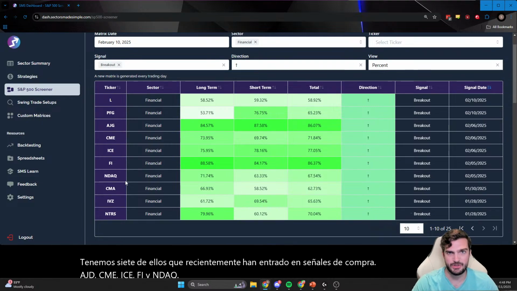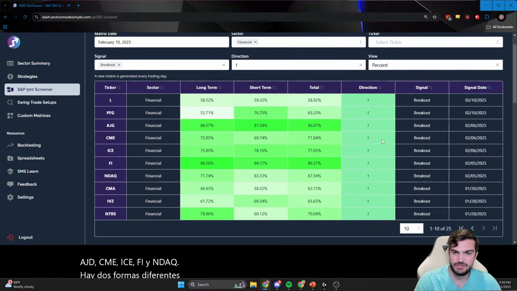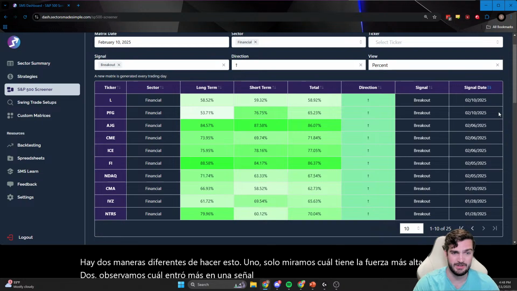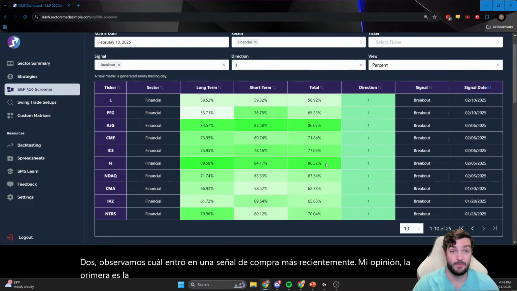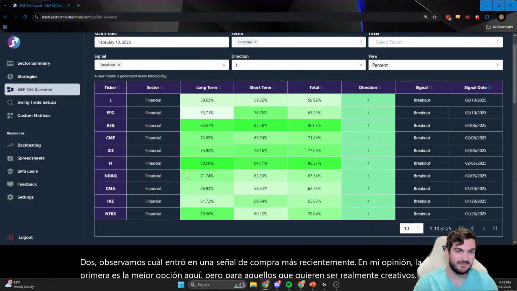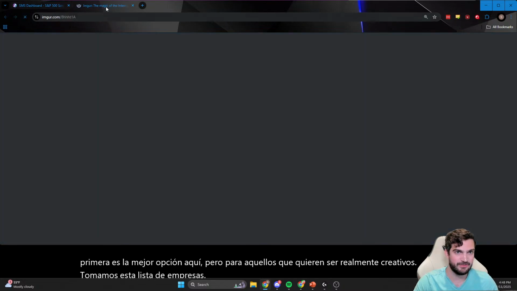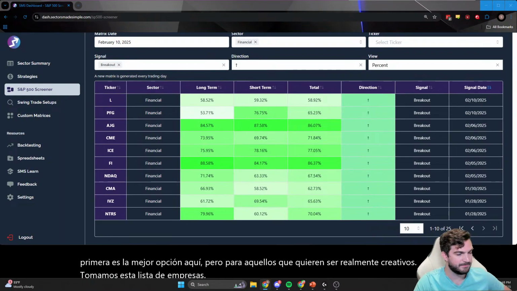There's 2 different ways we could do this. One, we just look at which one has the highest strength. Two, we look at which one went on a buy signal most recently. In my opinion, the first one is the better option here. But for those that want to get really creative, we take this list of companies. These 7 companies, I'm just screenshotting it so I have a copy.